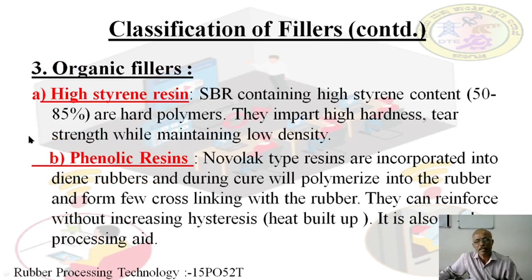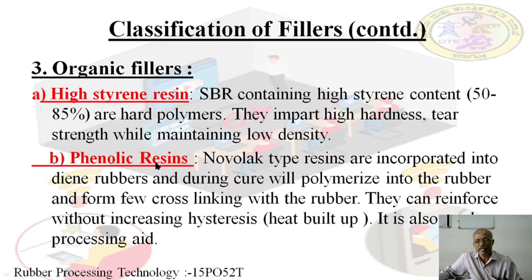Next, organic fillers, under that, high styrene resin. SBR, styrene butadiene rubber containing high styrene content, that is 50 to 85%, are hard polymers. They impart high hardness and tear strength while maintaining low density.